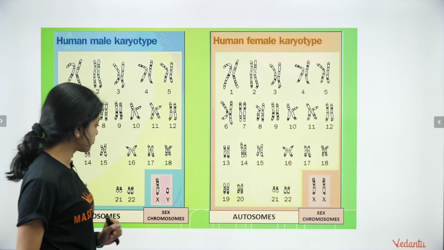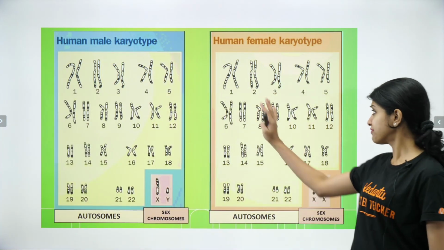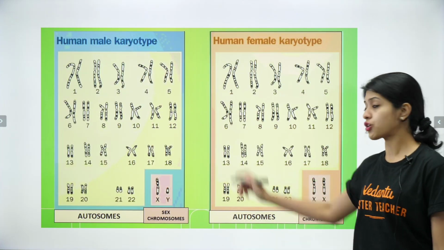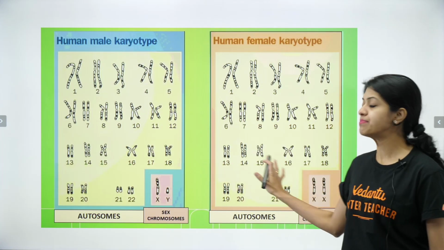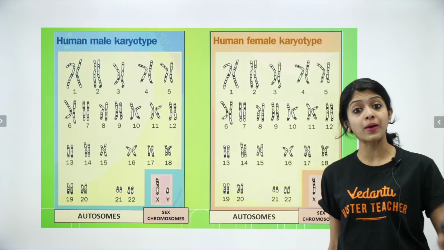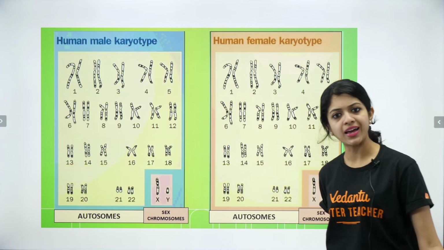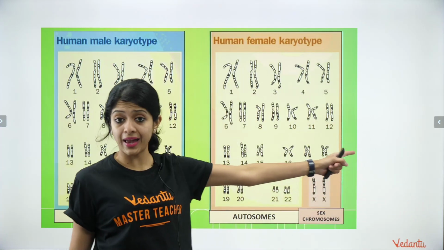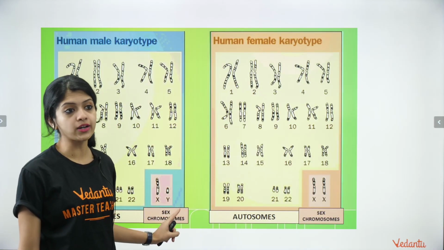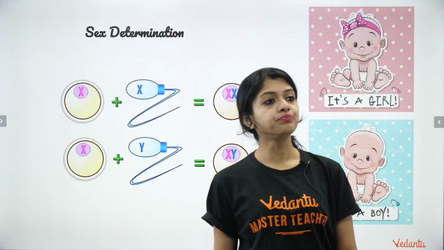The first 22 pairs, chromosomes 1 to 22, are similar in both. The difference comes only in the sex chromosomes, the 23rd pair. In a human female it would be 2 X chromosomes, whereas in a human male cell it would be 1 X and 1 Y chromosome. This difference is very, very important to know.